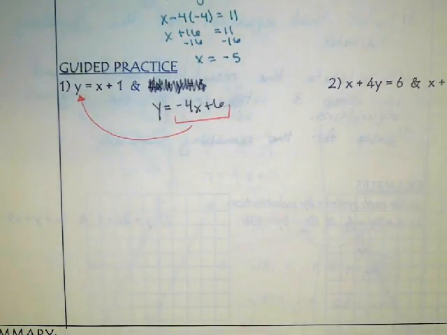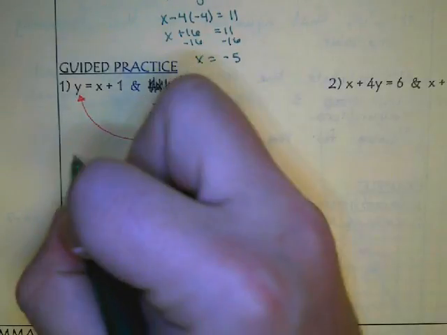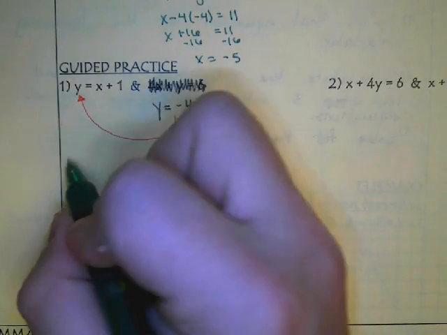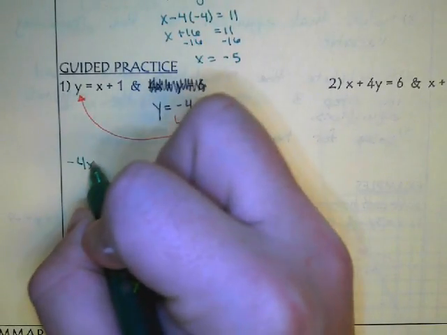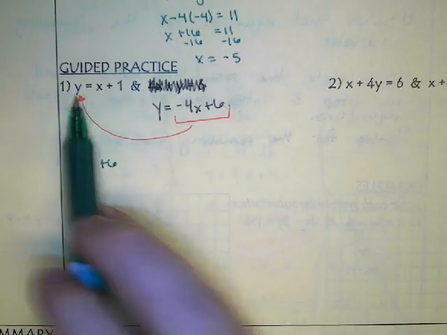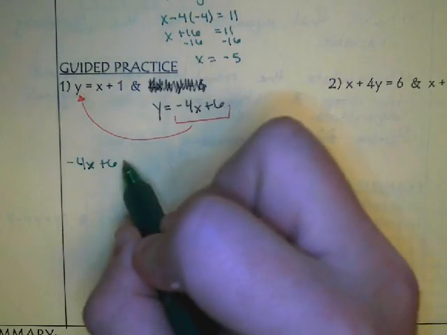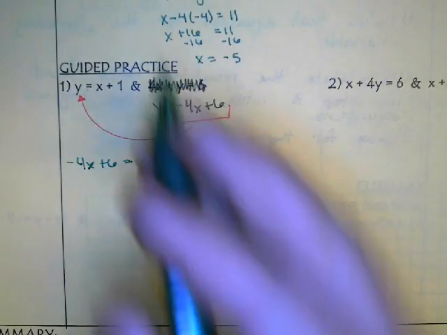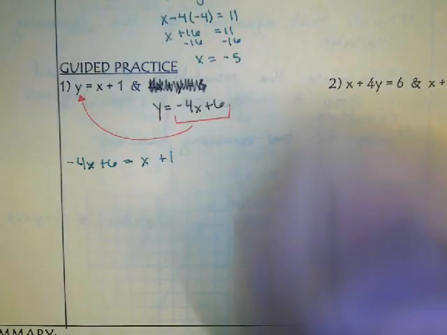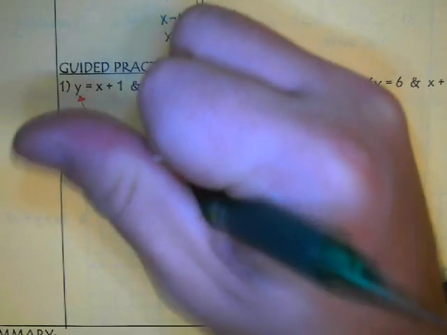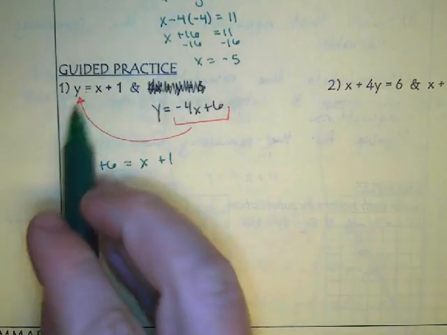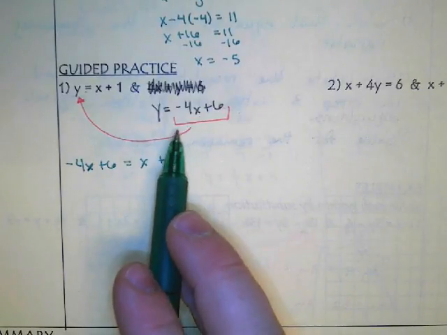So how this will look is I'll have my negative 4x plus 6. I am substituting negative 4x plus 6 in for this y right here. And then here's my equal sign, bringing that straight down, x plus 1. So we just turned this original y, that first y, into what the other y's equation equaled.